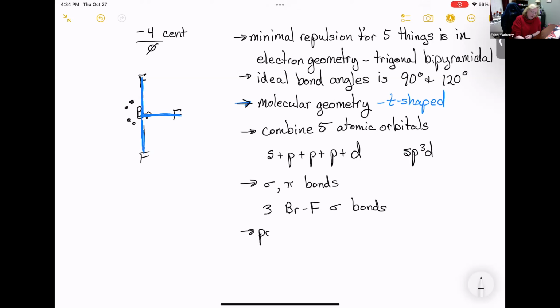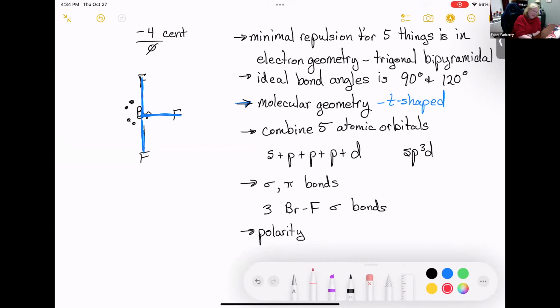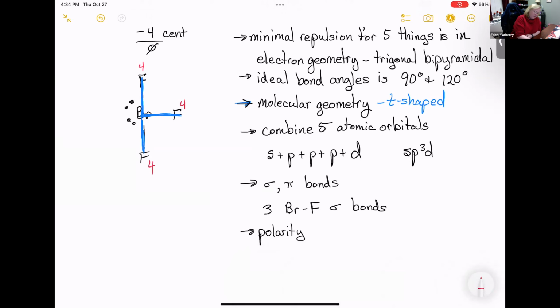Finally, for the polarity, if you look up the electronegativities, fluorine is 4 and bromine is 2.8. Now, this is where it is important to understand that the lone pair takes up more space.